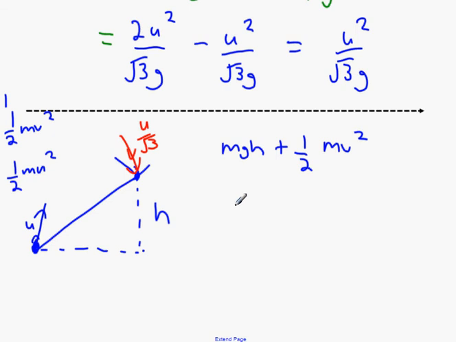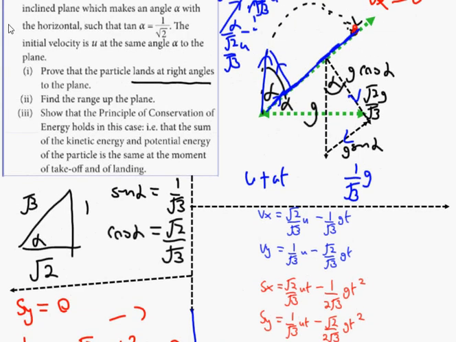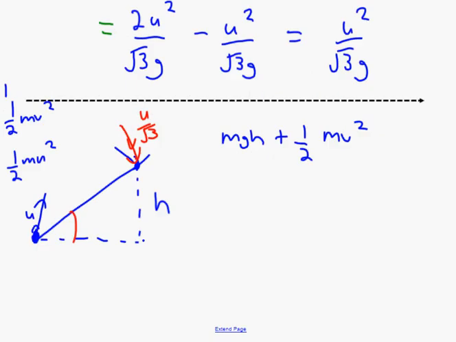So, next thing I have to figure out is what's my height. Anybody have any clue how I can find out what the height is? Remember, this is angle alpha. What did we find out a second ago? We have the range, don't we? And what's the range again? It's up there, isn't it? u squared over root 3g.